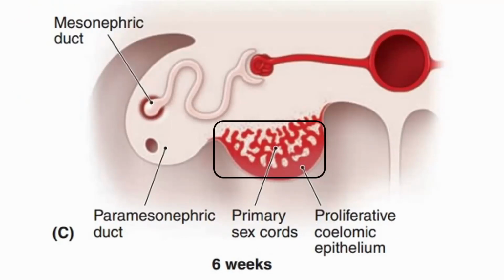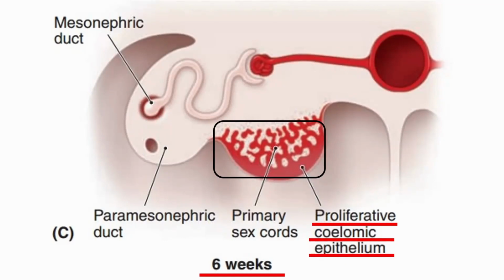Now we are going to extract some knowledge out of this image. In week 6, that is after 2 weeks of the beginning of invasion of the epithelial cells of the endoderm into the genital ridge, they are going to divide and proliferate, and their origin is from the coelomic epithelium, the epithelium lining the yolk sac.